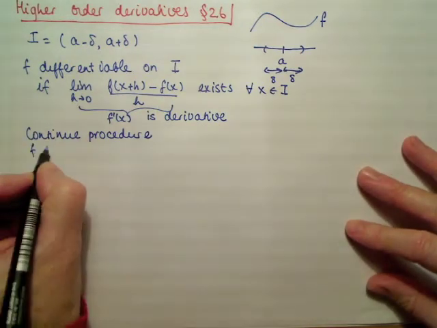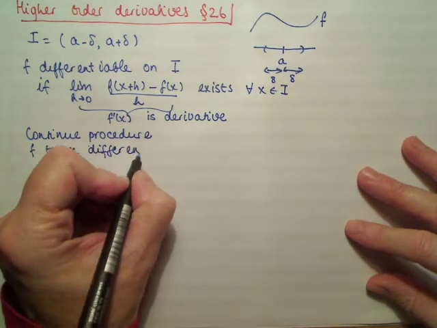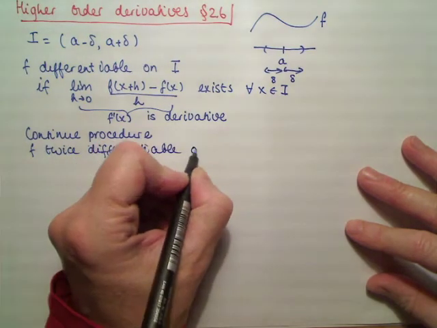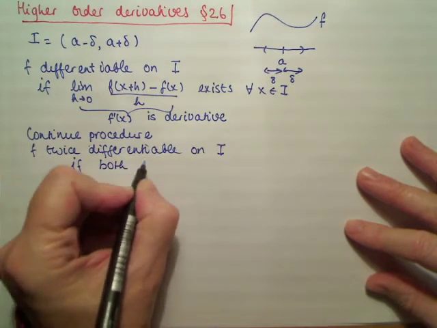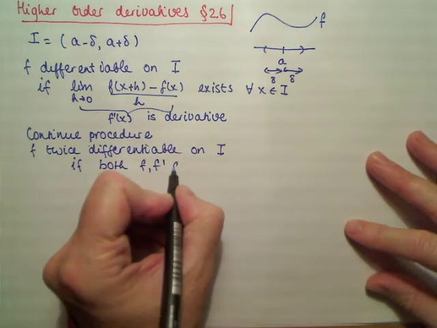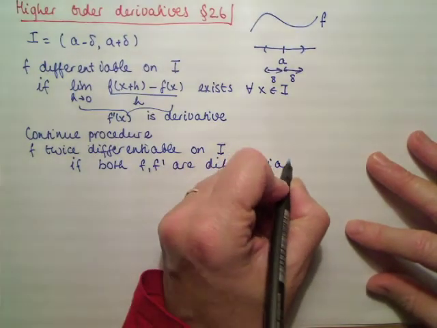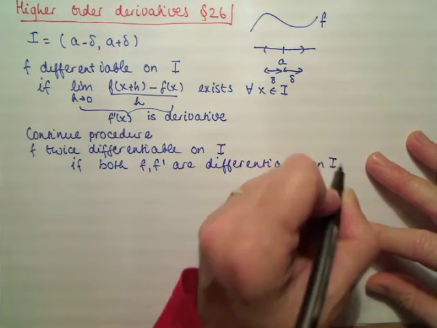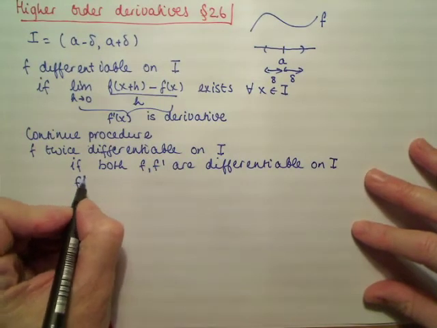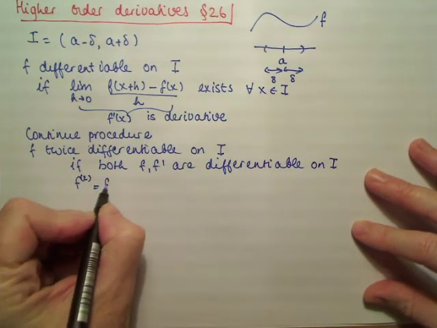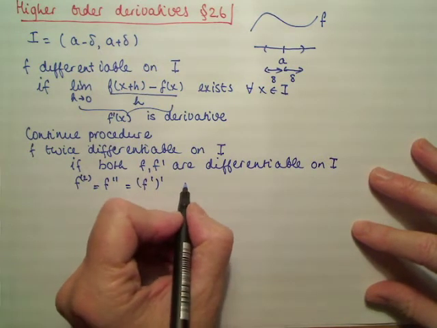So we call f twice differentiable on the interval I if both f and f prime are differentiable on this interval, and then we call the derivative of the derivative, we denote it by f'' or f double prime, and this is the second order derivative.